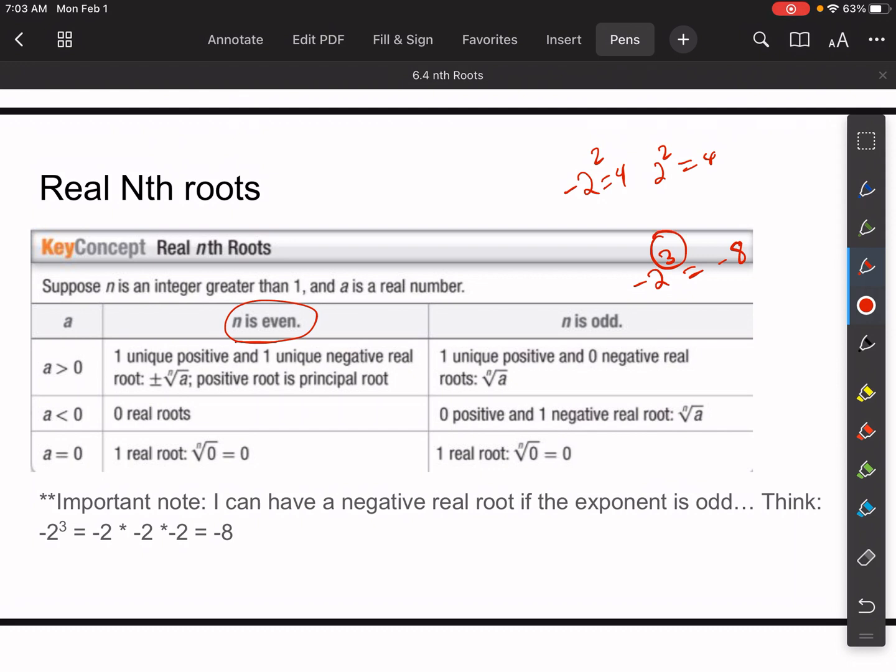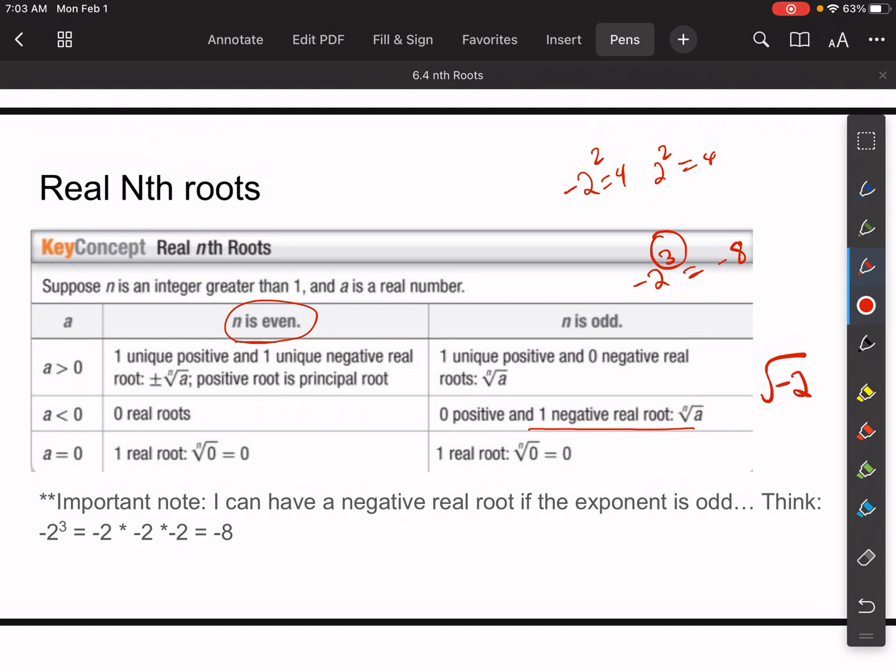If a is less than 0 and n is even, then we know that there are zero real roots. Okay, if a is less than 0 and n is odd, then we know that there is 0 positive and 1 negative real root. So this is talking about if we have something inside of here, and this is odd, and this is negative, I should say.